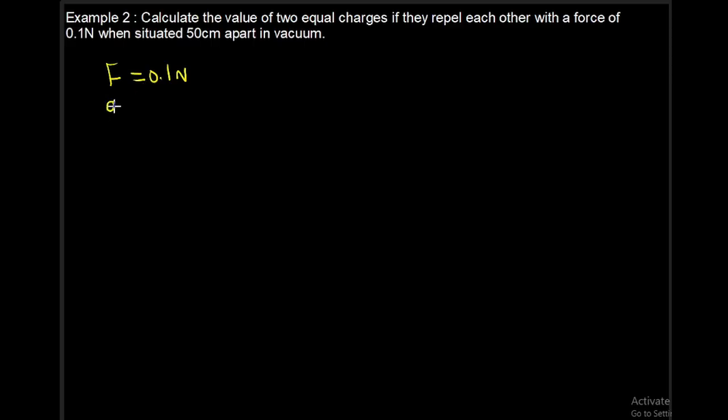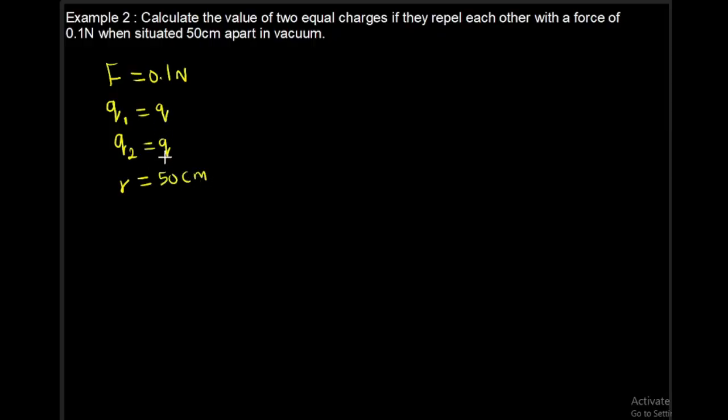So let's say charge 1 is Q. Charge 2 will also be Q. Why? Because he said the two charges are equal. Now when situated 50 cm apart, that means the distance of separation is 50 cm.